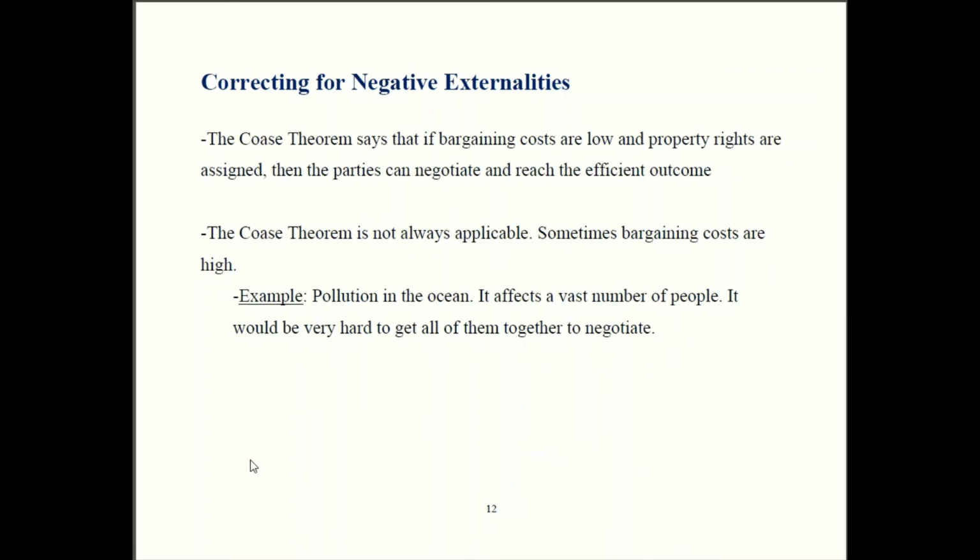So in some scenarios like that, the Coase theorem applies and can be used. In other cases, though, it's not practical. Remember, we have to have low bargaining costs and we have to have property rights. So think about, for example, pollution in the ocean. That affects, let's talk about the Atlantic Ocean because we're on the East Coast here.